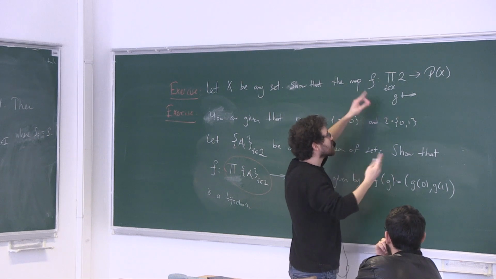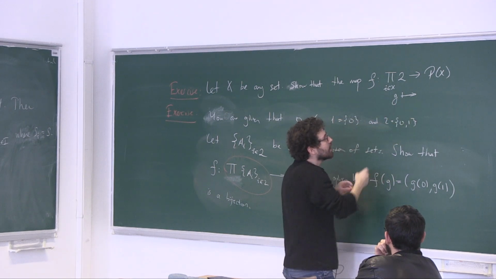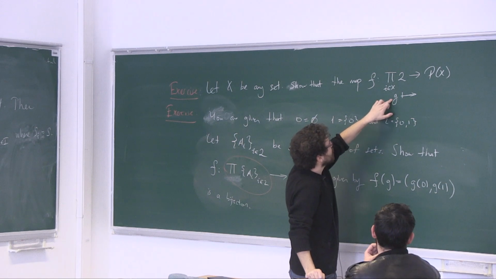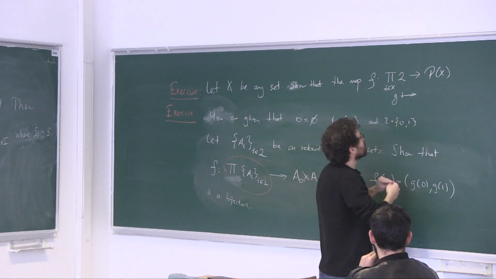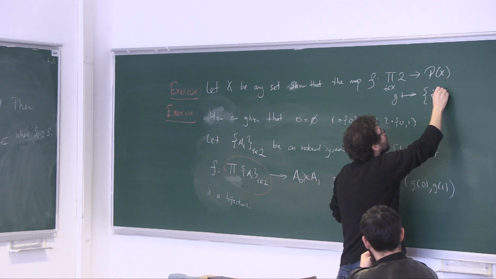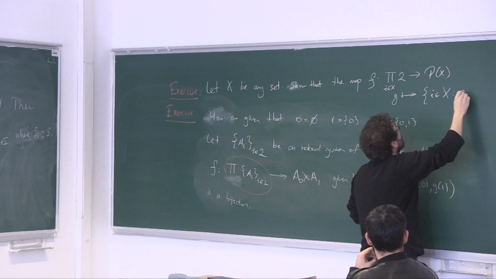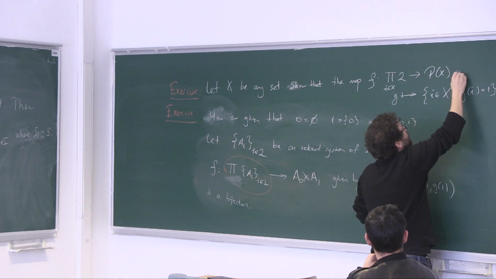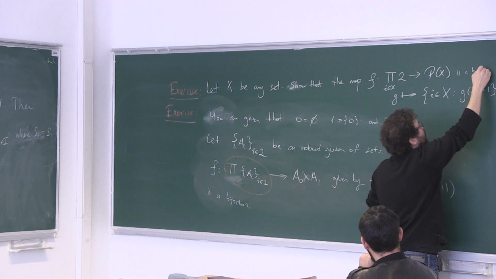In each exercise, I'm just going to introduce different notations. This is what people write in practice when they define functions. G maps to the following set is a bijection. Show that this is a bijection.